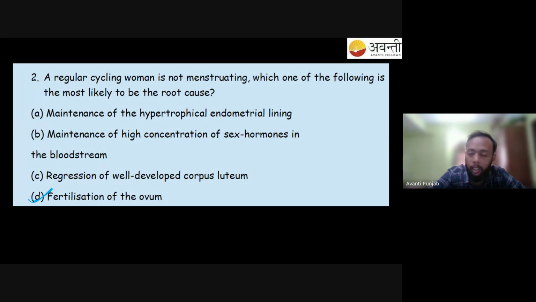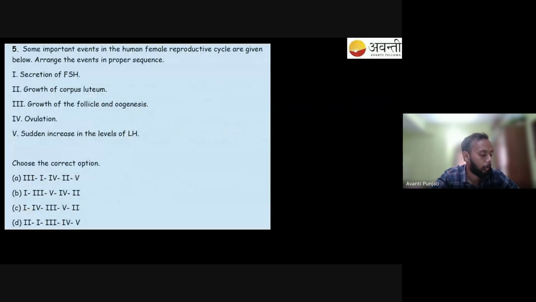There won't be any menstruation, and that is what happens. So that is one thing. Not always, but the majority of the time it can be an indicator of pregnancy.